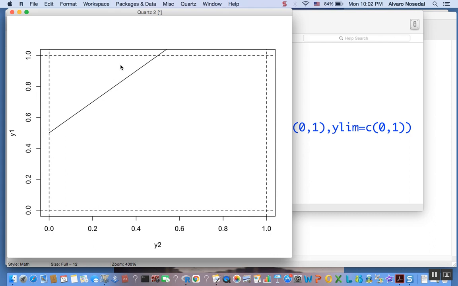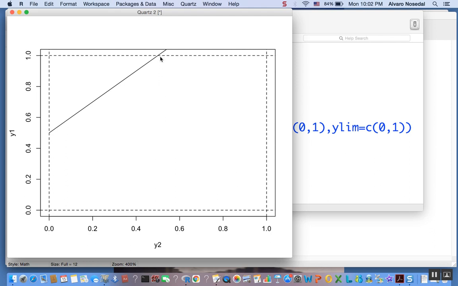y1 is greater than y2 plus 0.5, and as we said, this is just a line with slope 1 and y-intercept 0.5, right? Now note something: since we have a slope of 1, if we move 0.5 units, we're going to be 0.5 units above.